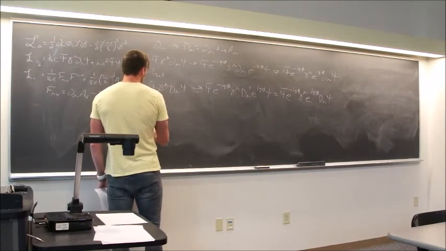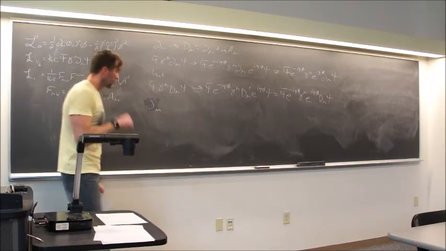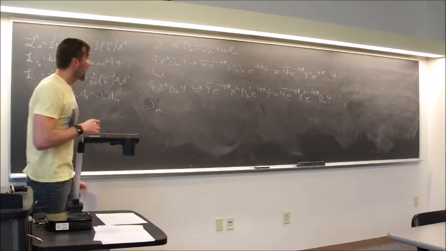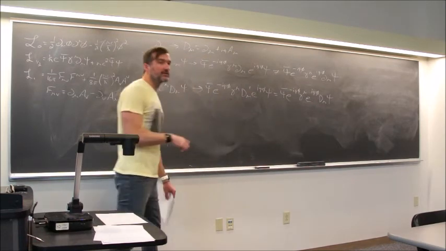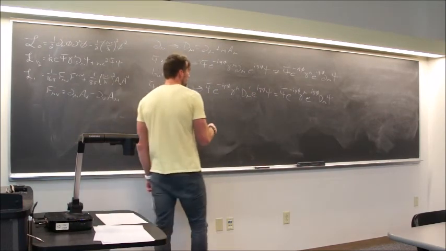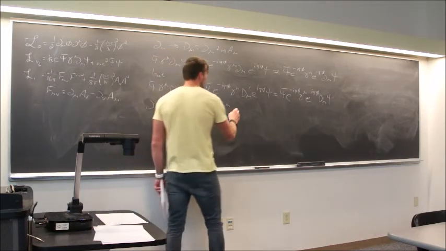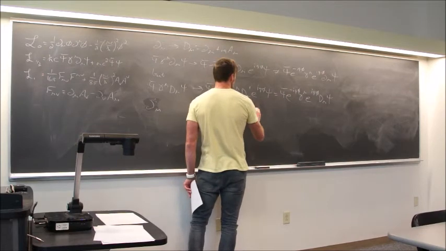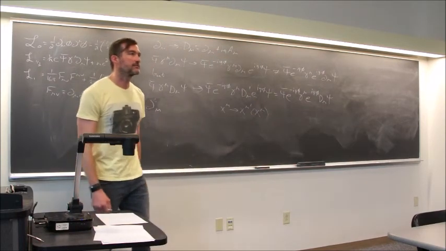If you consider d mu and you ask, all right, suppose I have a bunch of functions of space-time, and they're written in terms of a set of coordinates, and then I decide I want to change coordinates with just some arbitrary coordinate transformation.